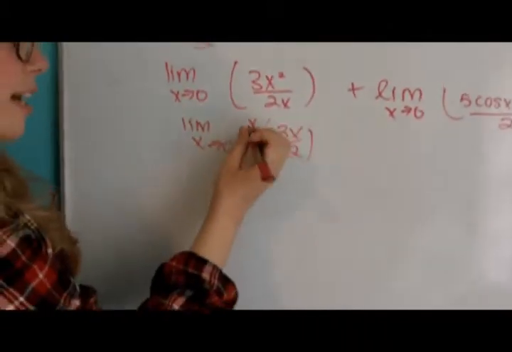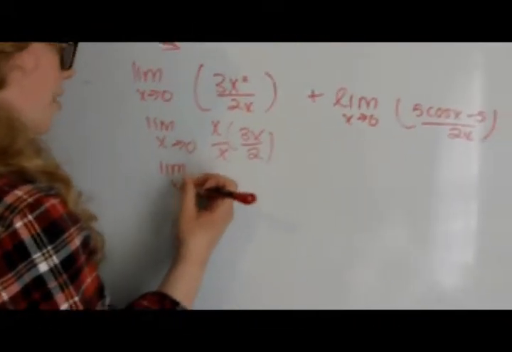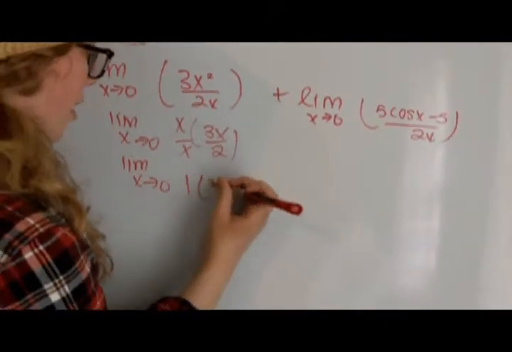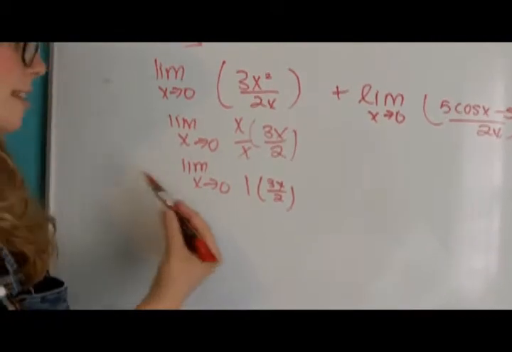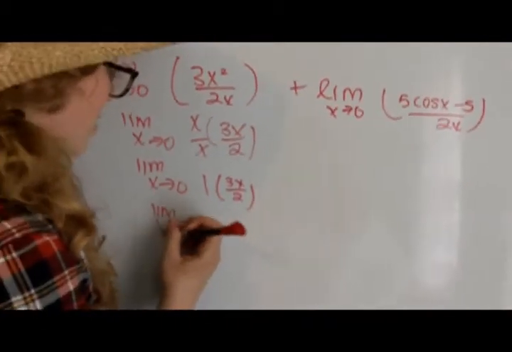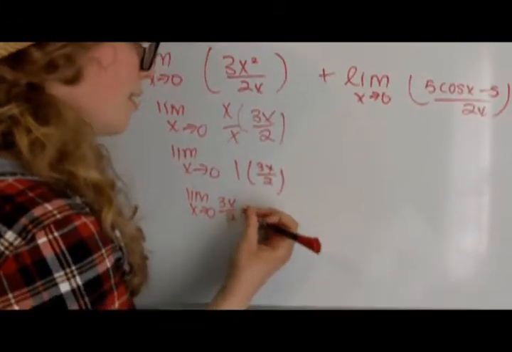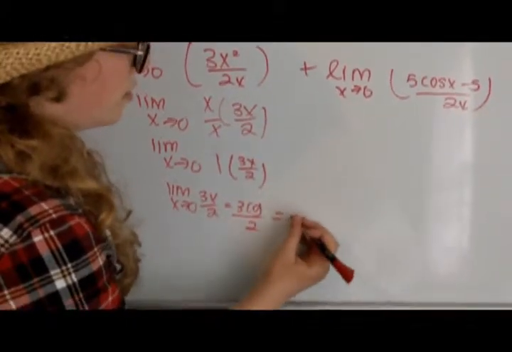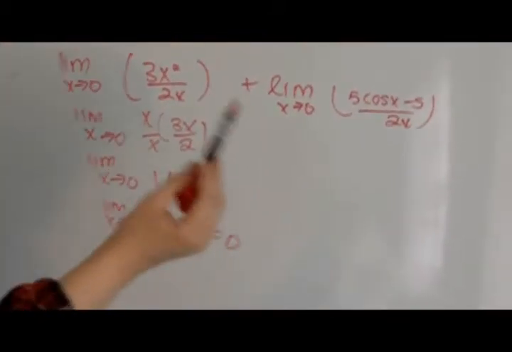Once you have that, x over x is equal to 1. So you have the limit as x approaches 0 of 1 times 3x over 2. Like I said previously, you can just plug in 0 for x. So the limit as x approaches 0 of 3x over 2 is equal to 3 times 0 over 2, which is equal to 0.